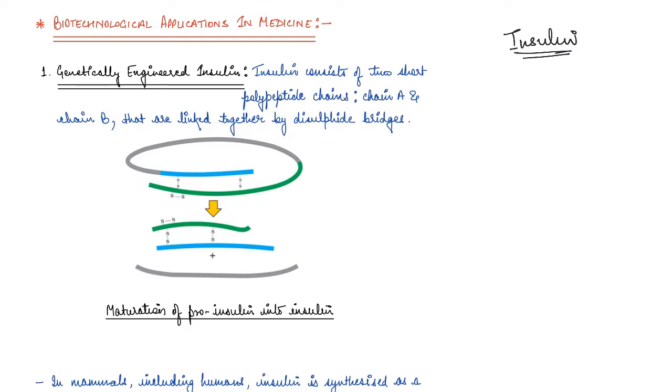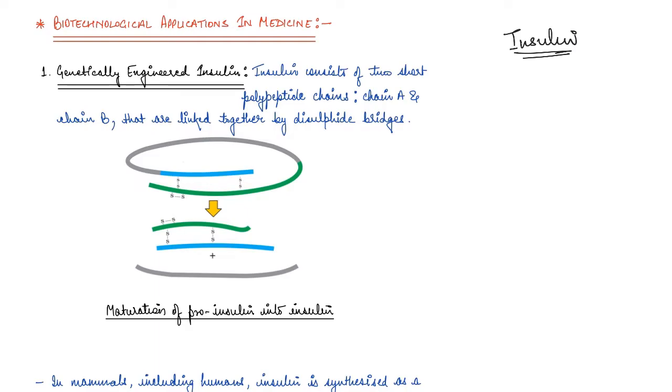The insulin which is used for diabetes was earlier extracted from the pancreas of what? Slaughtered cattle and pigs, right? So the insulin extracted from these cattle or pigs used to cause patients allergies or reactions to foreign protein, right?